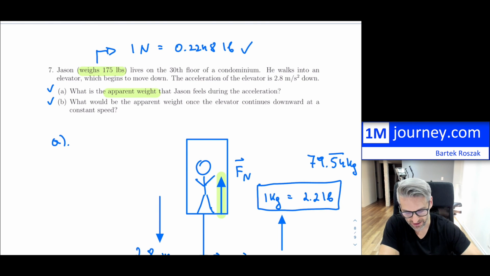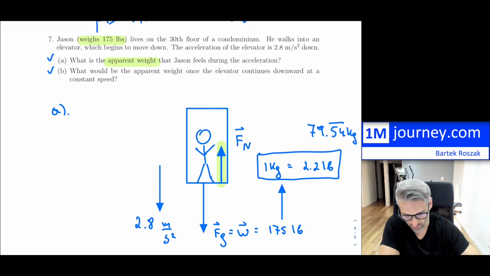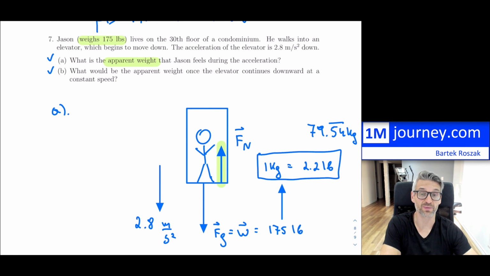So your weight and your normal force, because they're in opposite directions, must cancel each other off, so they're equal to each other. And that is true, right? When you're just standing in an elevator moving at a constant speed, by Newton's first law, your apparent weight, your normal force, is going to be equivalent to your weight itself.